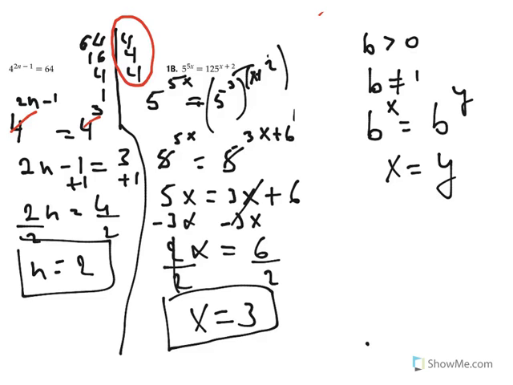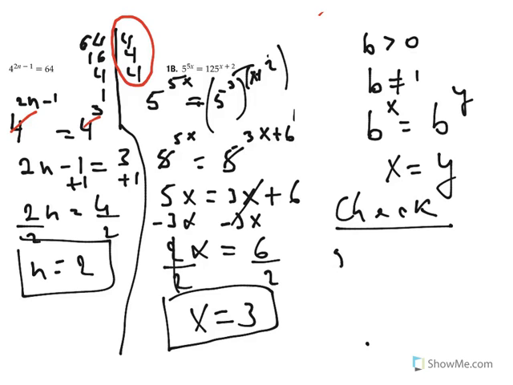If you want to check your answer, you always go to the original equation and substitute 3 wherever you see x. I'm going to do a very short check here just to show you one more time the checking procedure.